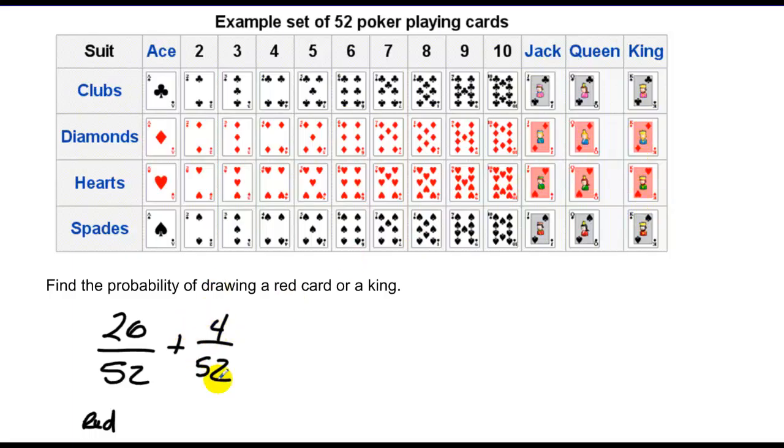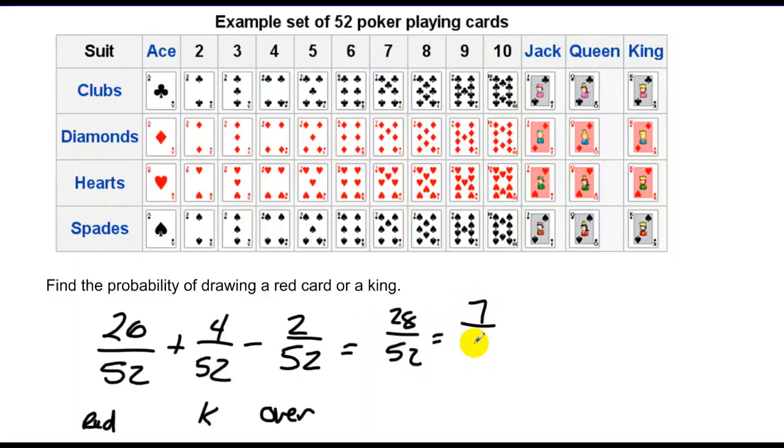And now we're asked to choose them again. So there's an overlap of 2 in those 2 options. So we have to subtract that out. So we end up with a total of 28 over 52. 4 goes into both of those, 7 here, 13 times here.